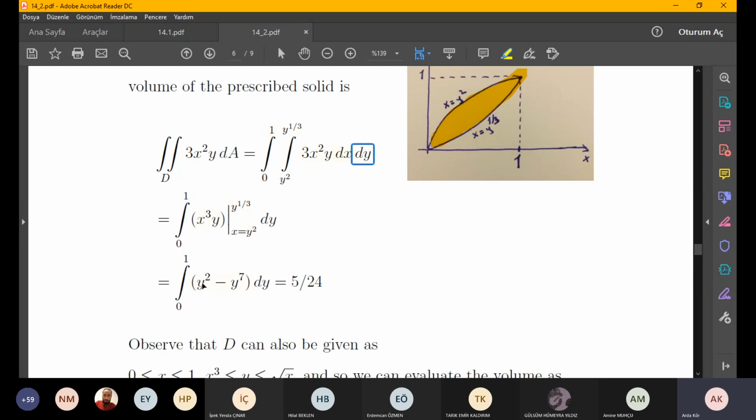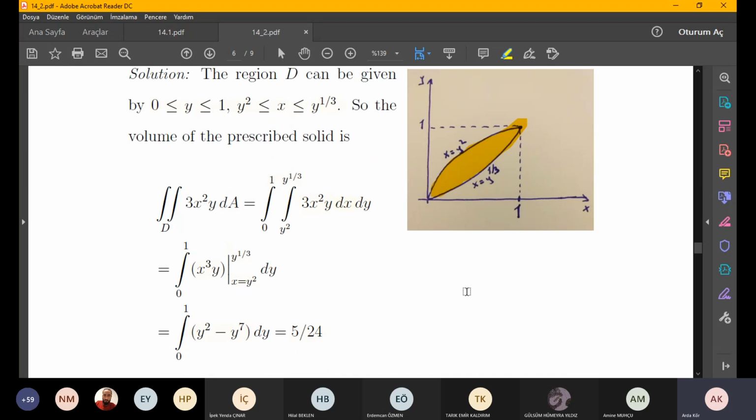That gives y cubed over 3 minus y to the power 8 over 8 from 0 to 1, which gives you, after computation, 5 over 24.